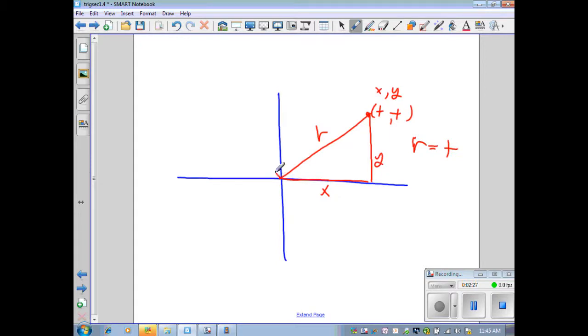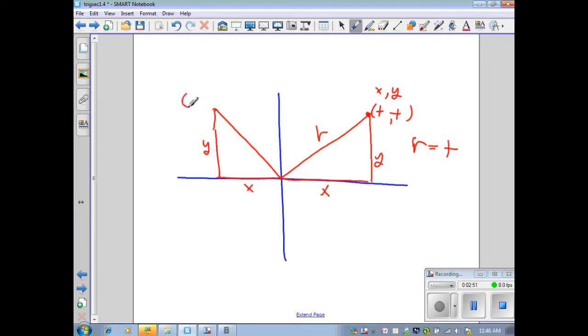If we go to the second quadrant, and we have a triangle formed there, I'm going to be given a point on that terminal side. And in this instance, I'm going to have an x value and a y value associated with that.